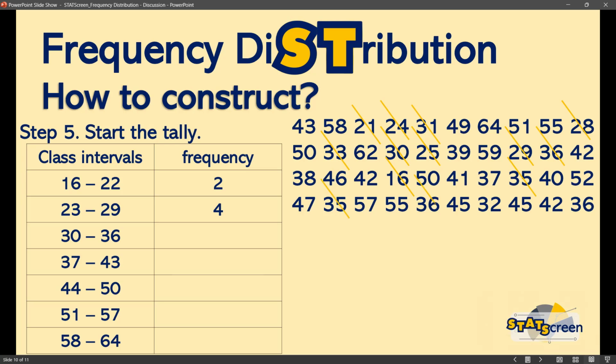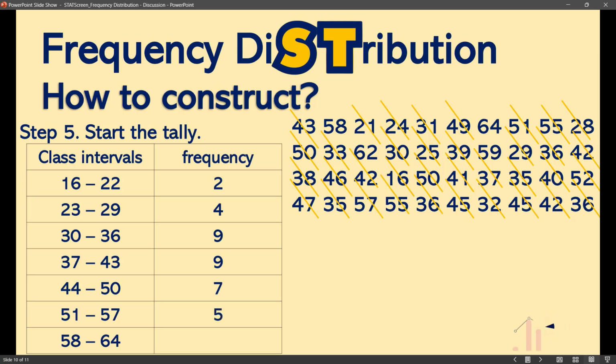For 30 to 36, so on and so forth, you will have 9. For 37 to 43, you could also have 9. Just refer to the table of the set of data here. 44 to 50, you will have 7. 51 to 57, you will have 5.